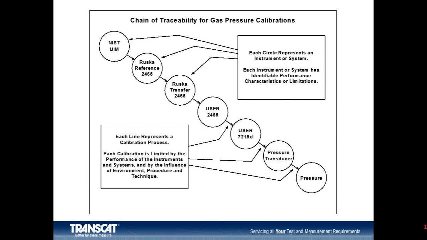For example, in the lower right-hand, just below the middle of the slide, there's a circle that says user 7215XI. That placeholder is representative of the instrument that we just looked at. And above and to the left of there is the chain that supplies traceability during the calibration of that digital pressure controller.